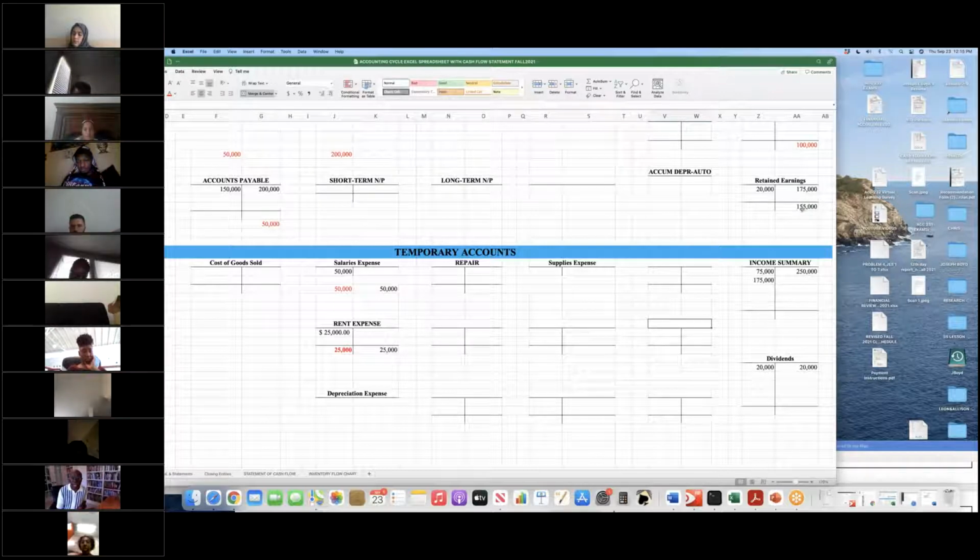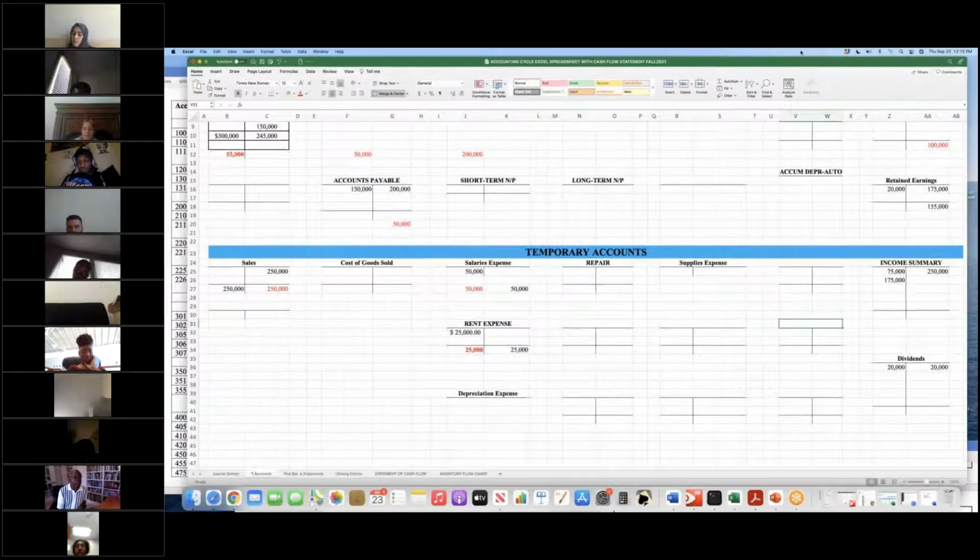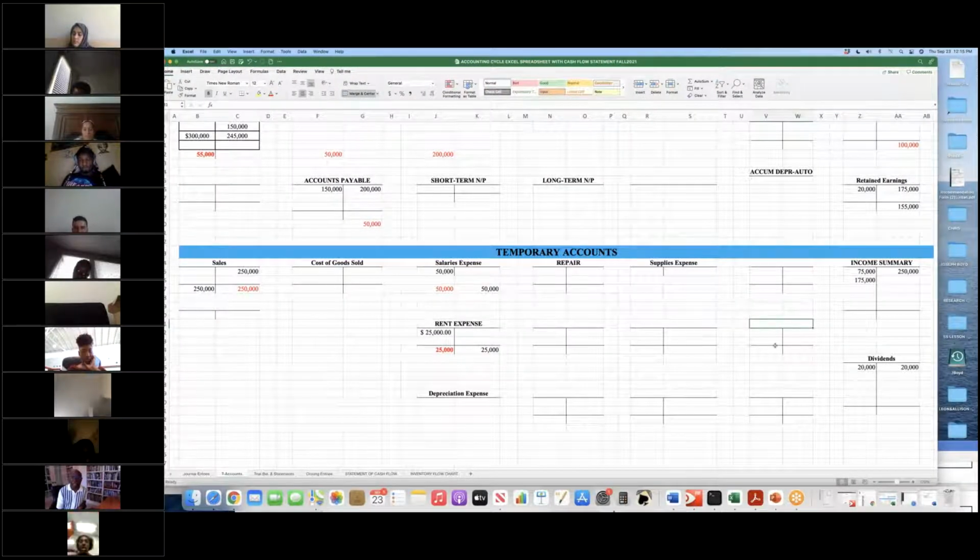So retained earnings now has a balance of 155. And what balance does every account below that line have? 0. Every account below that line has a 0 balance.